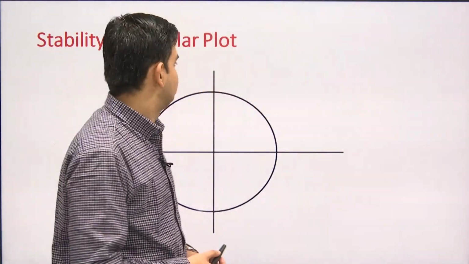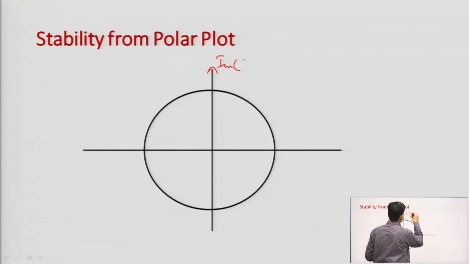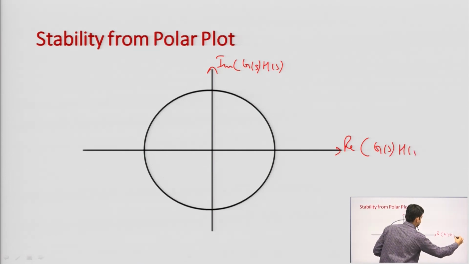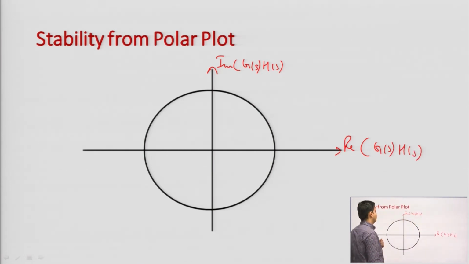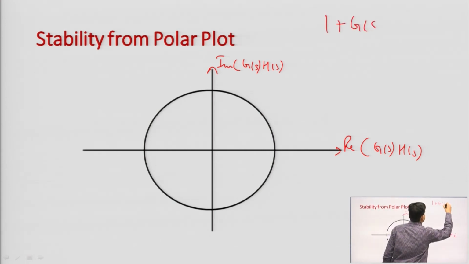So, now with the help of the polar plot we would like to determine the stability of the system. Okay. So, in this case I am assuming this is the G(s)H(s) plane, this is the imaginary axis of G(s)H(s), and this is the real axis of G(s)H(s). Okay. And then we would like to see the characteristic equation, that is 1 plus G(s)H(s) equal to 0.